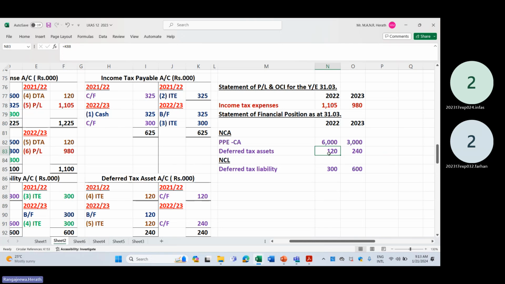So up to this point, what we discussed is creating deferred tax asset and creating deferred tax liability. So this deferred tax asset and liability are created and subsequently reversed.